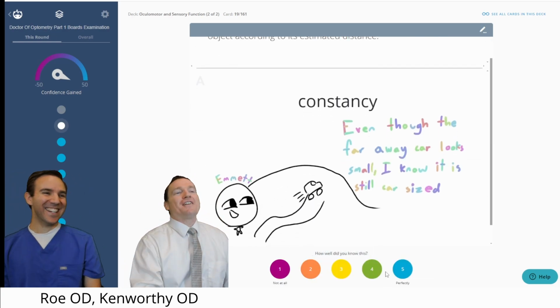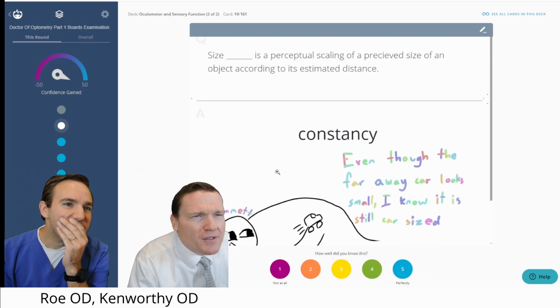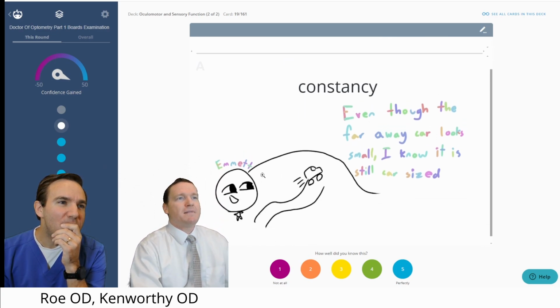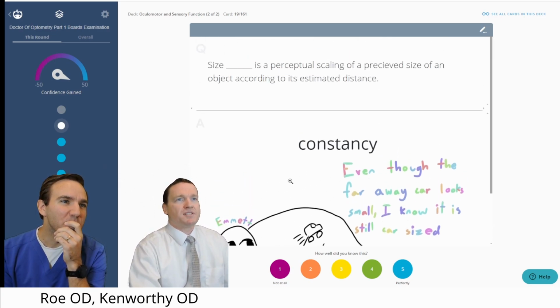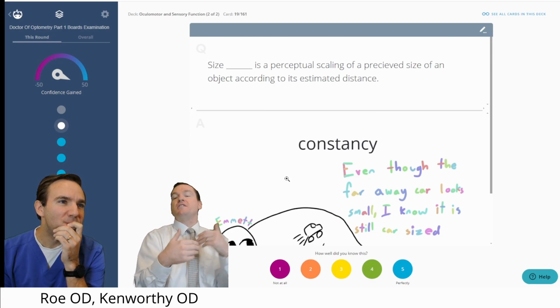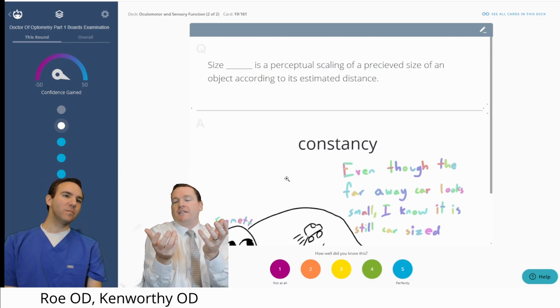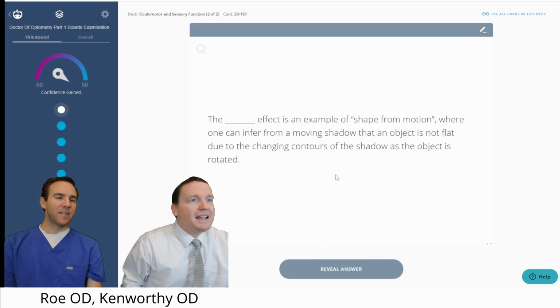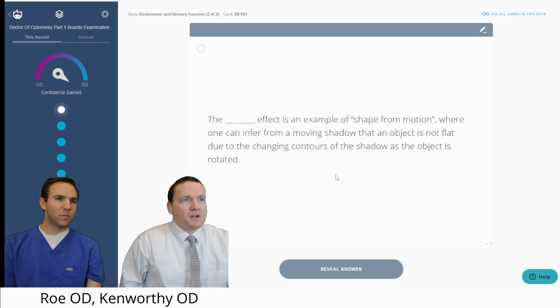Constancy. Okay, constancy. Let's just stick with that. Even though the faraway car looks small, I know it is still car-sized. Size constancy, perceptual scaling, and perceived image. Okay, so we know a car's far away, but it's still the size of a normal car. Okay, got it. Constancy.